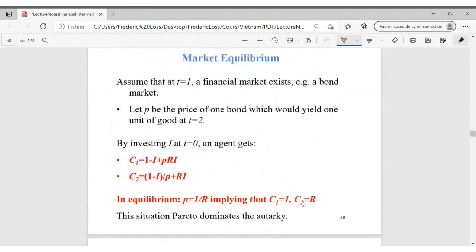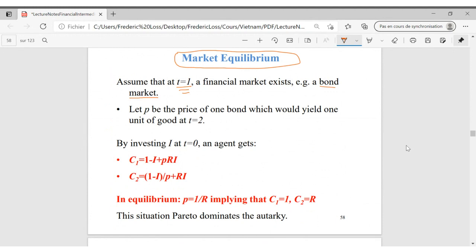So what about now if we create a financial market at t equals 1? Now consider that people are no longer in an autarky situation, but they are able to exchange at t equals 1. So for instance, just open a bond market at t equals 1.